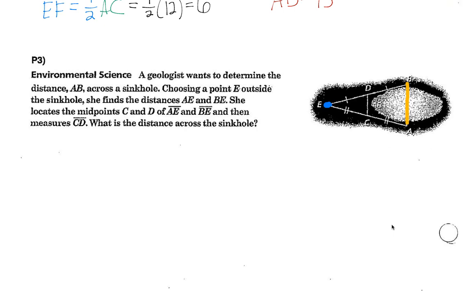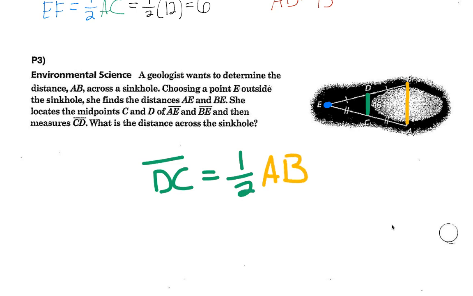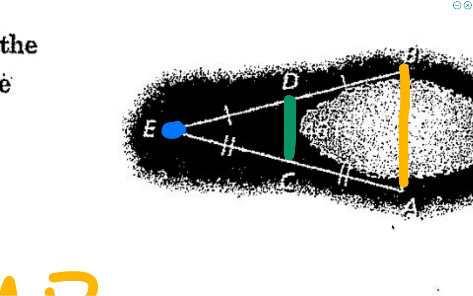What is the distance across the sinkhole? Well, we can measure here, CD. And since D and C are at midpoints, that makes segment CD a mid-segment. So that means that DC equals 1/2 of AB. And it's kind of hard to see there, but that does say 46.